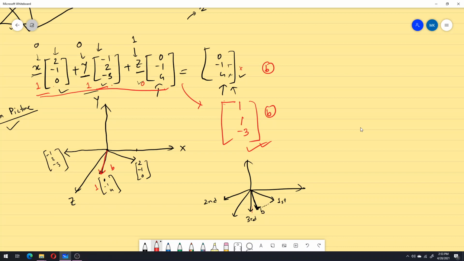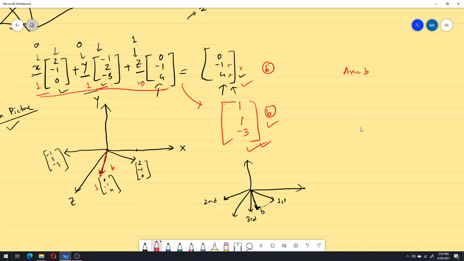The big question is, can I solve Ax equals B? We have solved Ax equals B for two different B's here, and those two different B's lead to two different points on this 3D coordinate system.